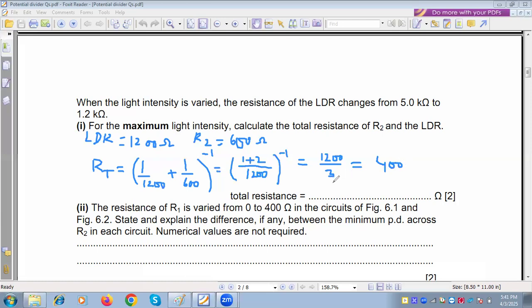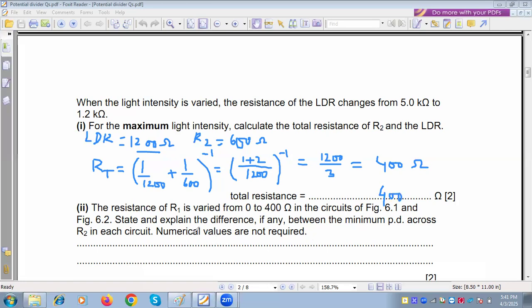In a parallel combination, the resistance decreases. It will be smaller than the smallest resistance. R2 is 600, and the LDR, which is in parallel to R2, has 1200 ohm resistance. So the parallel combination has resistance 400 ohm. This is our answer, 400 ohm.